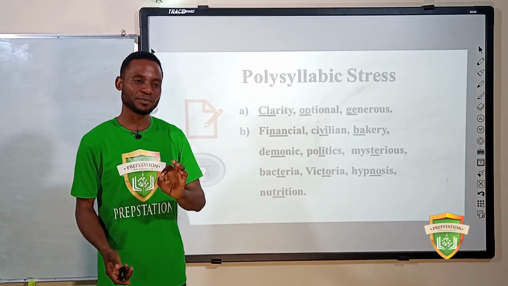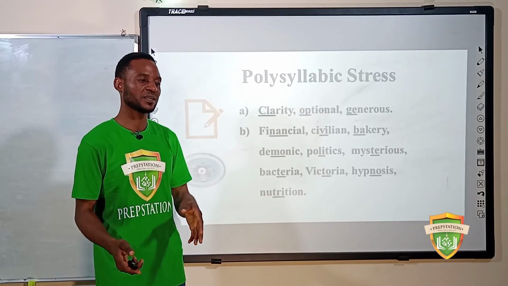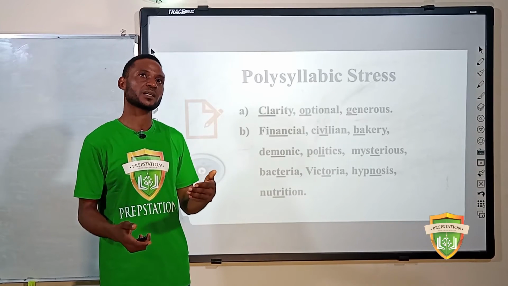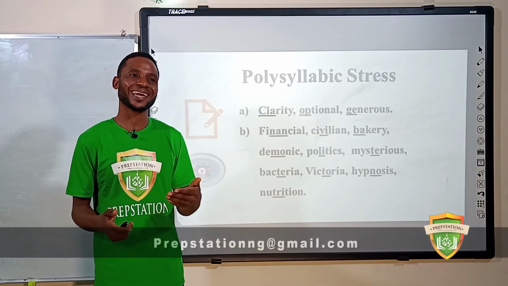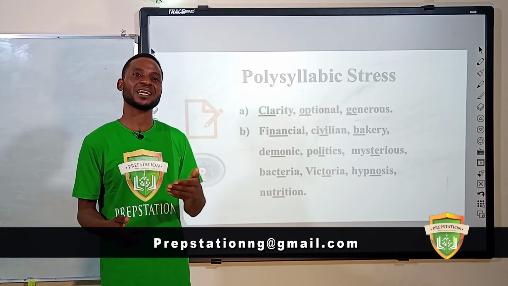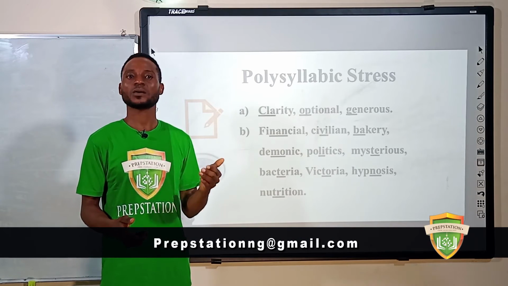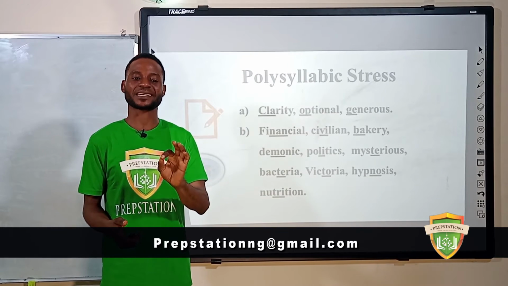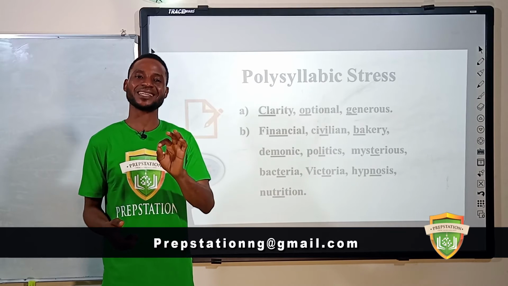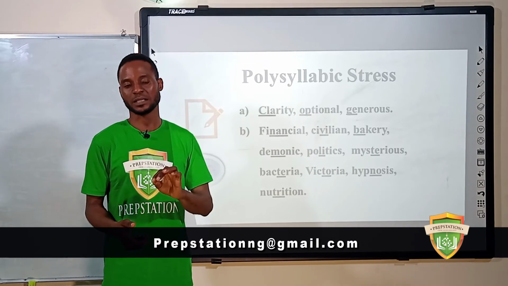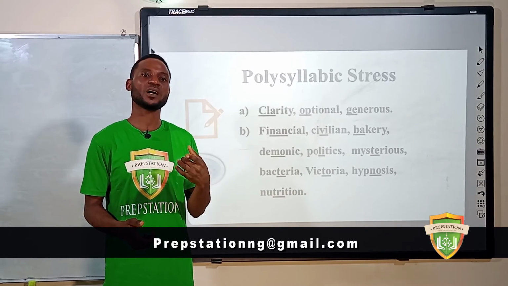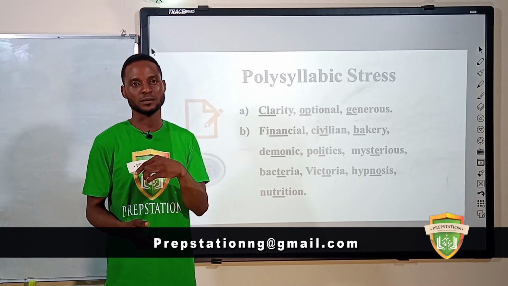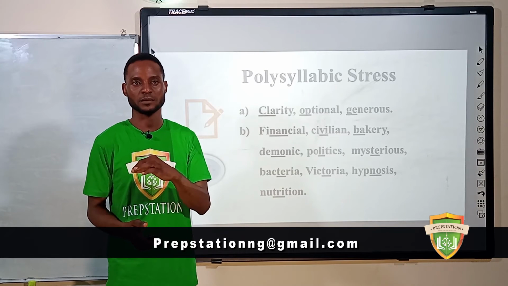Now, for bisyllabic words, before I move on to polysyllabic, if you have a word like contact, the form is noun, and when it is used as a noun, you're going to have CONtact. If it is a verb, you're going to have conTACT.